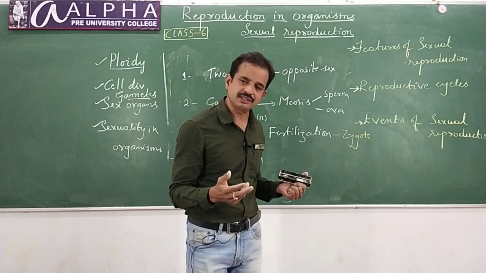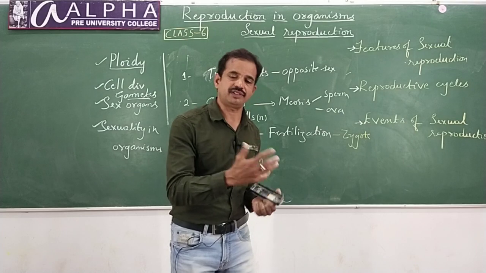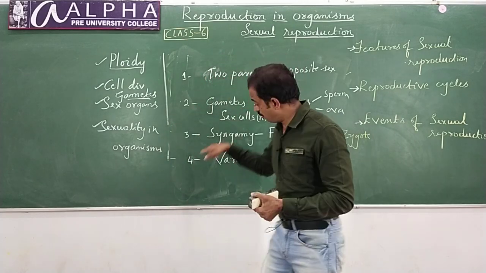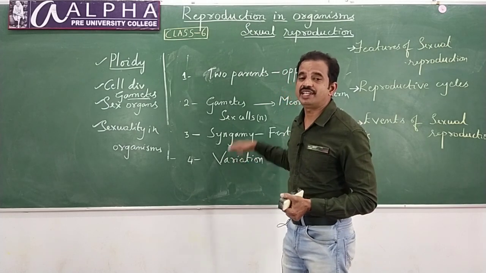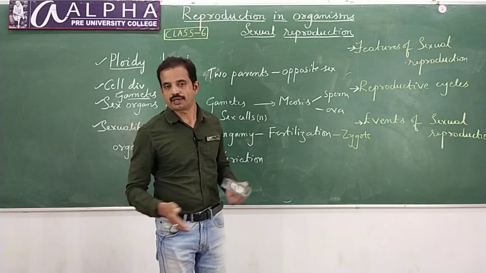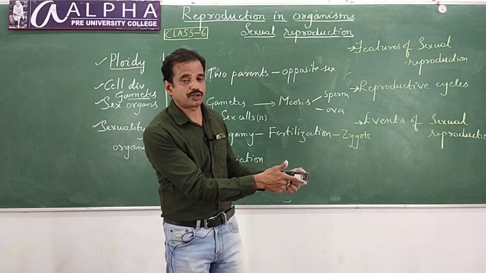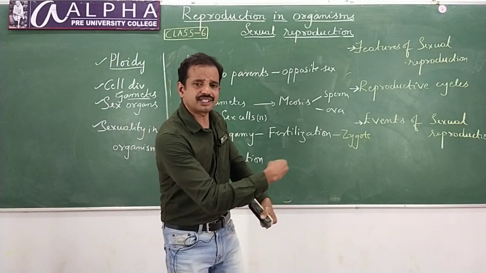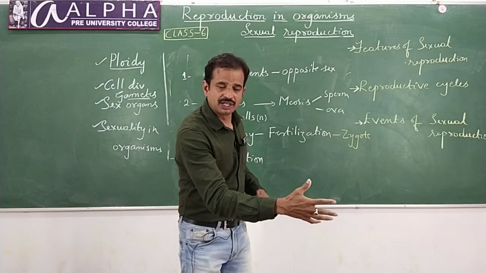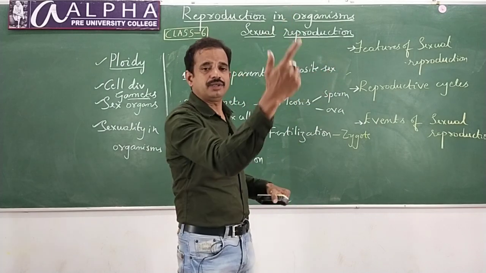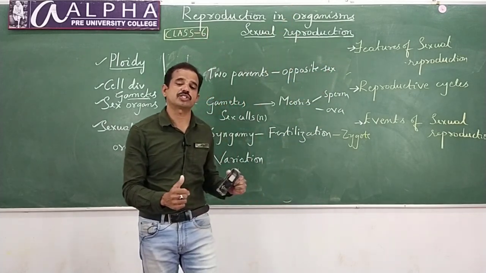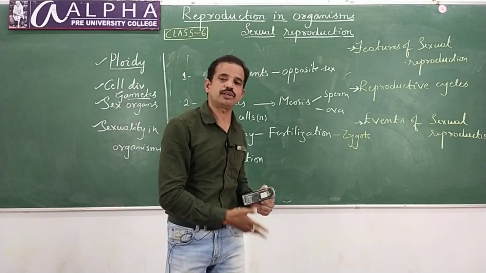The organisms have evolutionarily preferred sexual reproduction over asexual reproduction because of this genetic recombination and variation caused during sexual reproduction, which is not seen in asexual reproduction. In asexual reproduction, a part of the body of an animal or a plant will simply detach and develop into a new plant or animal. It is just a copy of the body. There is no variation. But sexual reproduction shows variation, a very important character.